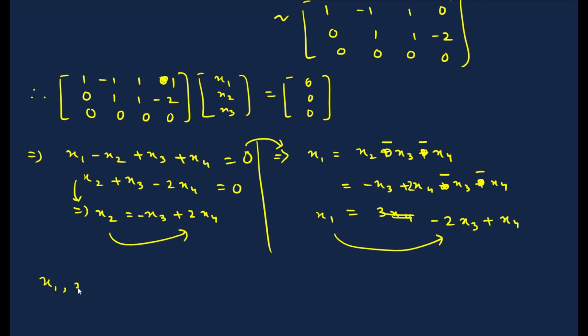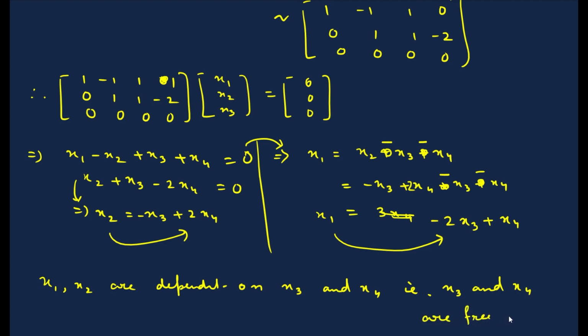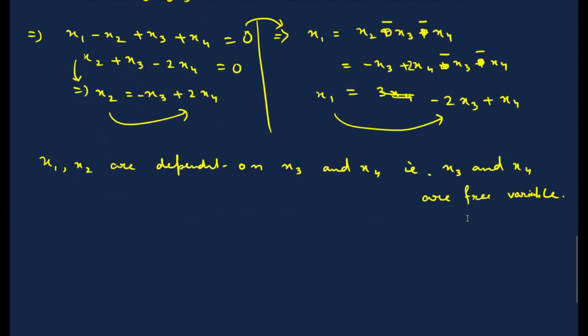So x1, x2 are dependent on x3 and x4. That is, x3 and x4 are free variables. Okay. Means independent, free variables. Free variable means we can substitute those values.